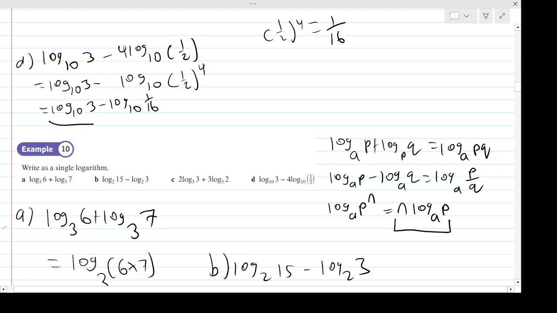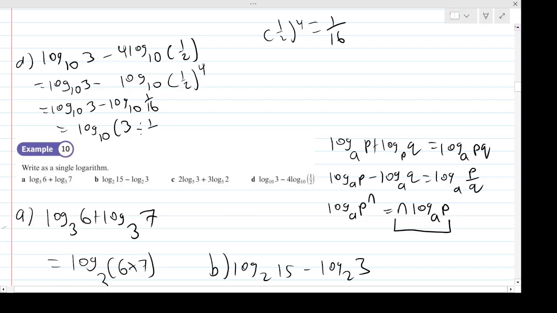Now, I've got single logs, no numbers in the front, and I'm subtracting, so I can apply this second log law here. I'm going to divide the first by the second one. So it's log 10 of 3 divided by a 16th.